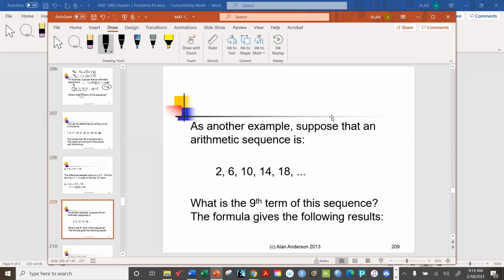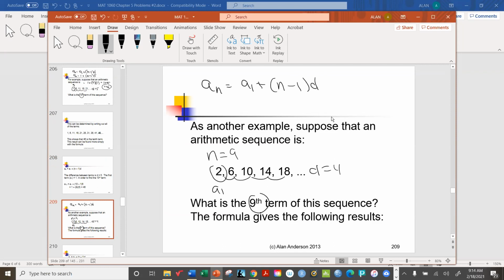Okay. How about this one? What's the 9th term in this sequence? So A1 is this one. N is 9. The common difference between the terms is 4.